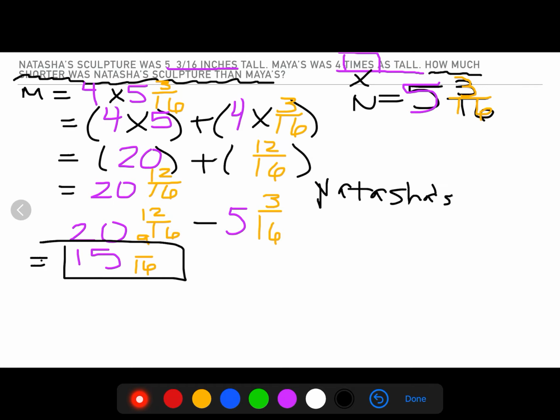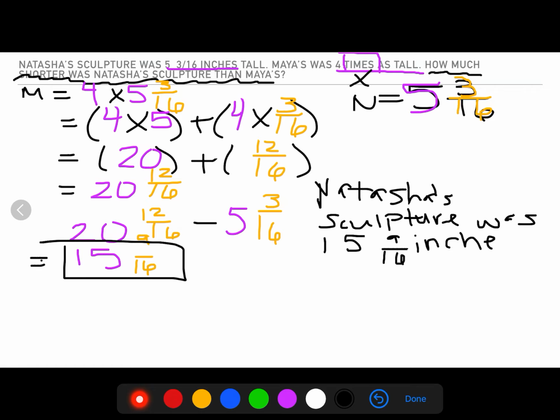So Natasha's sculpture was 15 and 9/16, don't forget your unit of measurement, inches shorter than Maya's.